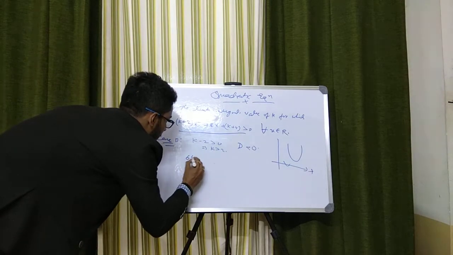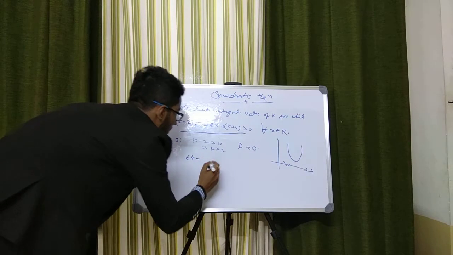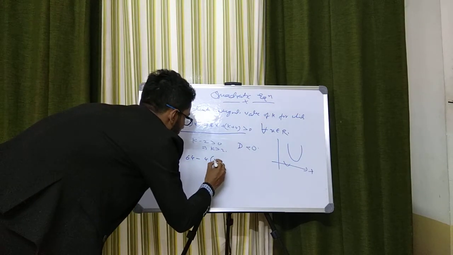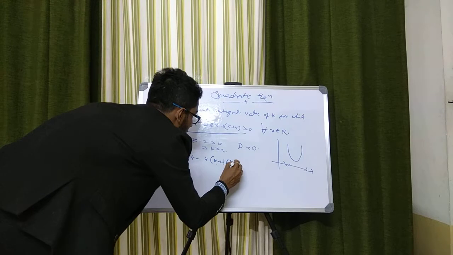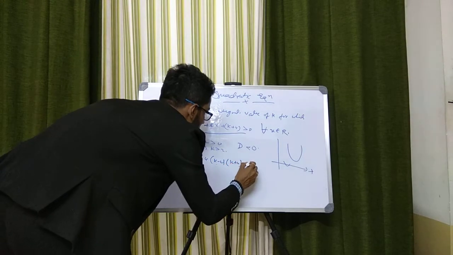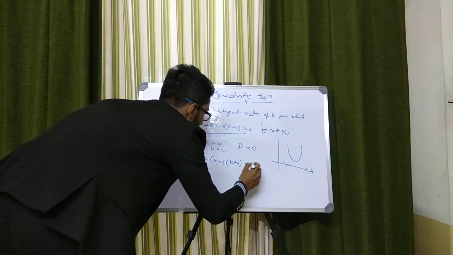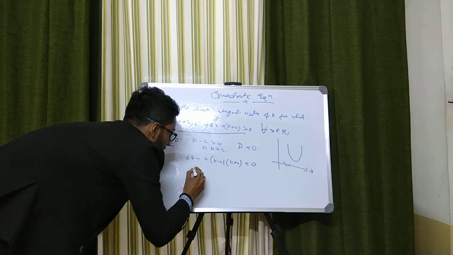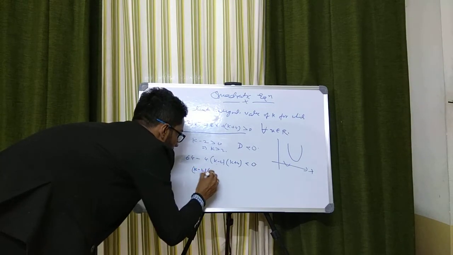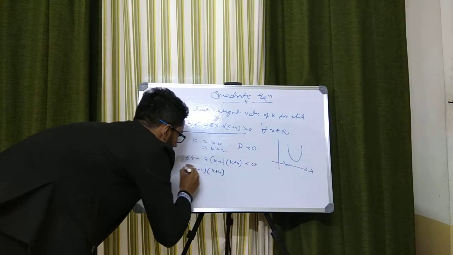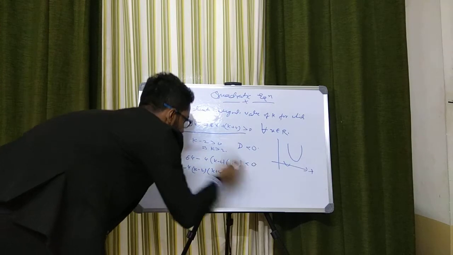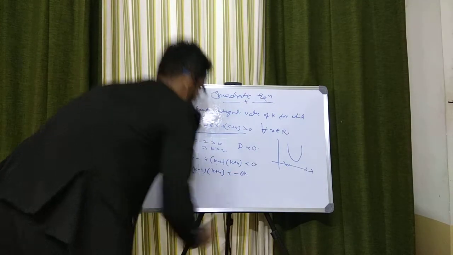So D is 64 minus 4 into a, b square minus 4ac less than 0, or k minus 2 into k plus 4, say minus 4, I took it that side, minus 64, correct?